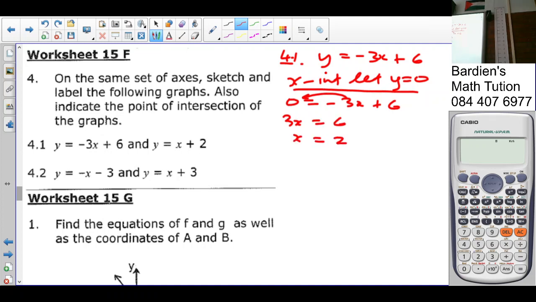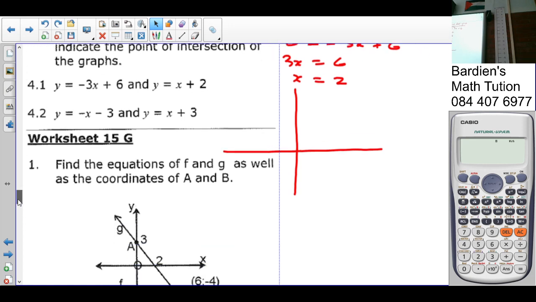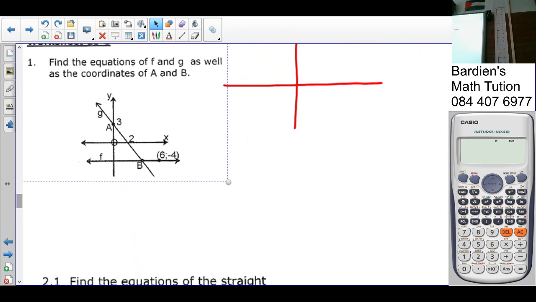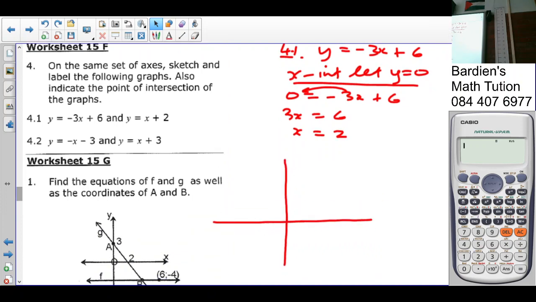So I'm going to cut my x-axis at 2. So just by approximation, x will be 2 approximately. Not so.